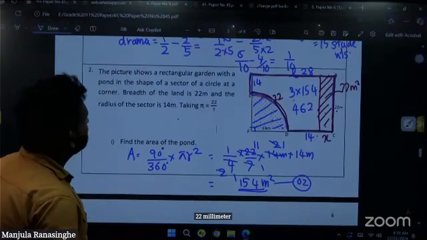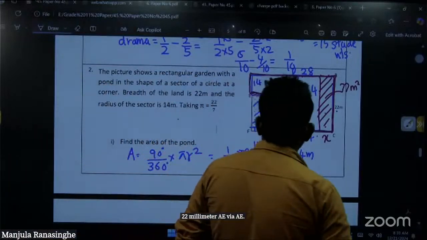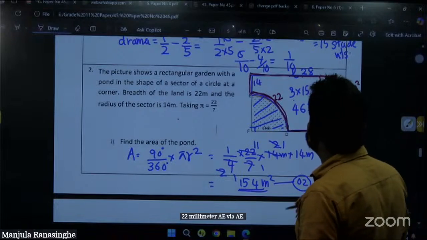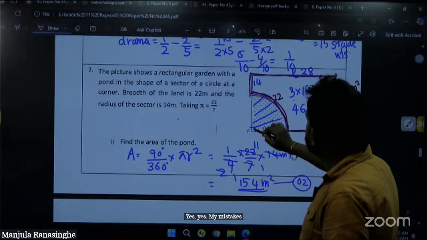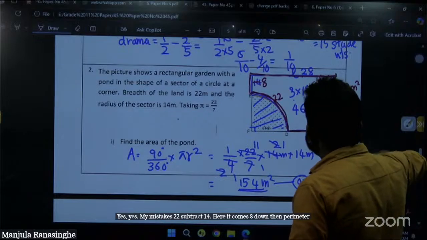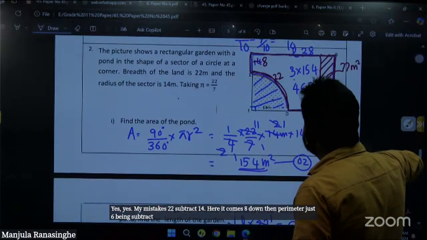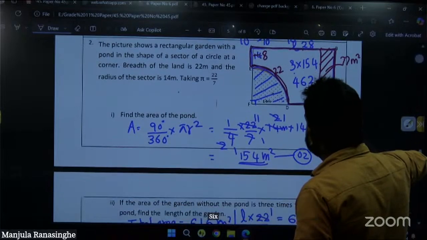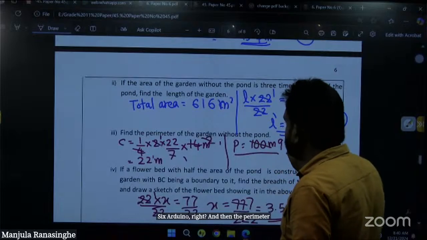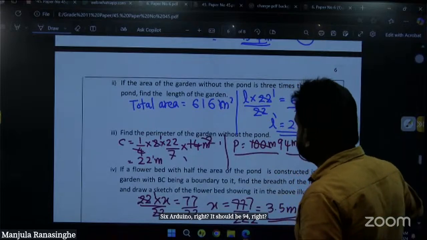AE. Yes, my mistake. 22 subtract 14. Here it comes 8. Then perimeter, just 6 being subtracted here. Should be 94, right? Yes.